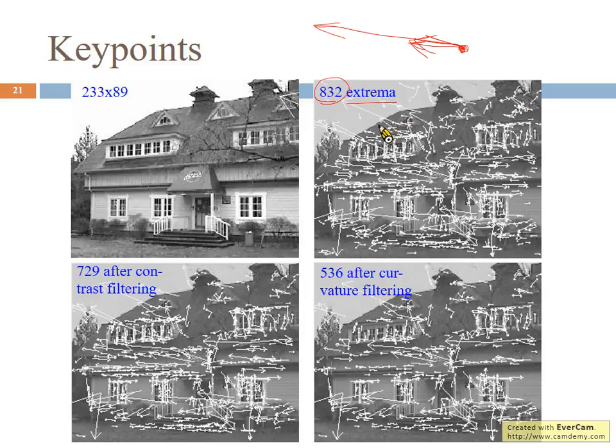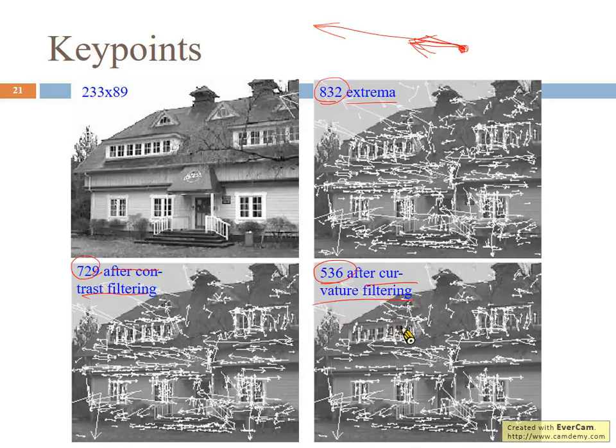But anyway, originally we found more than 800 extrema, and after contrast filtering, we remain with just around 729. And then after curvature filtering, we remain with around 536 key points.